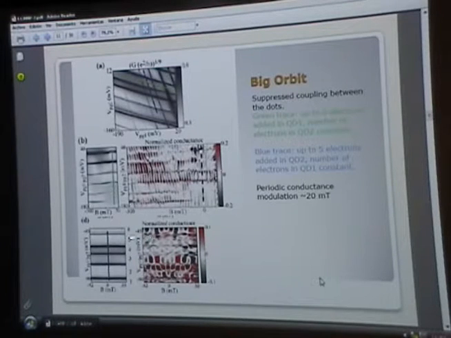In both cases, the analysis of the results shows, better seen in this case than in this other case, that there is a periodic conductance modulation with a period in the magnetic field of about 20 millitesla. So, in fact, this corresponds to the so-called big orbit.